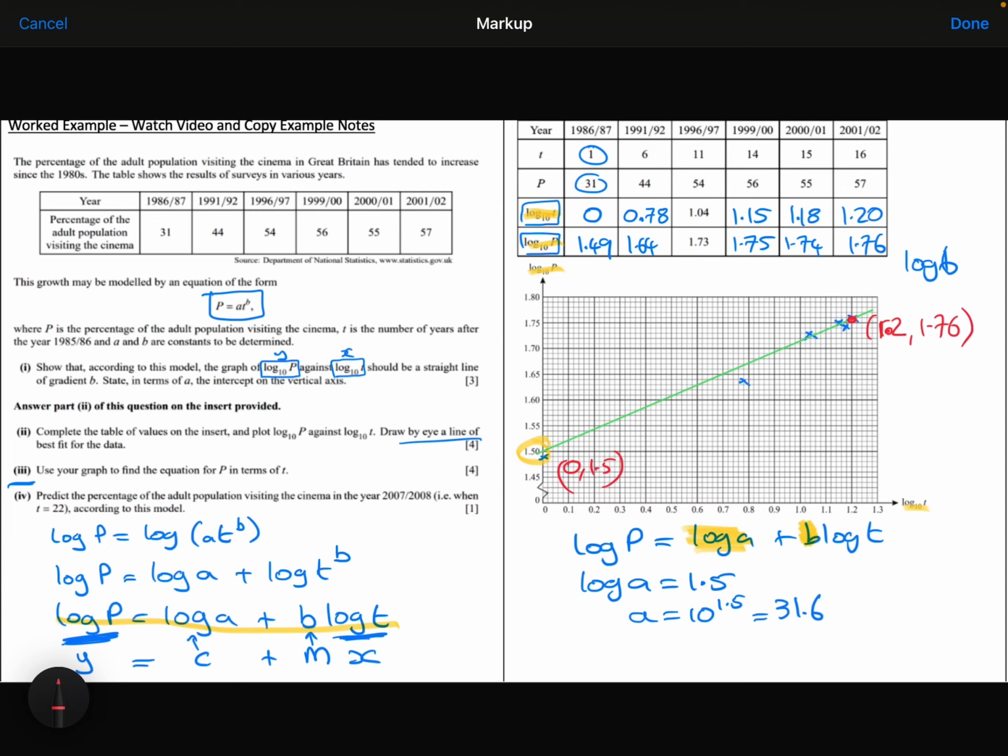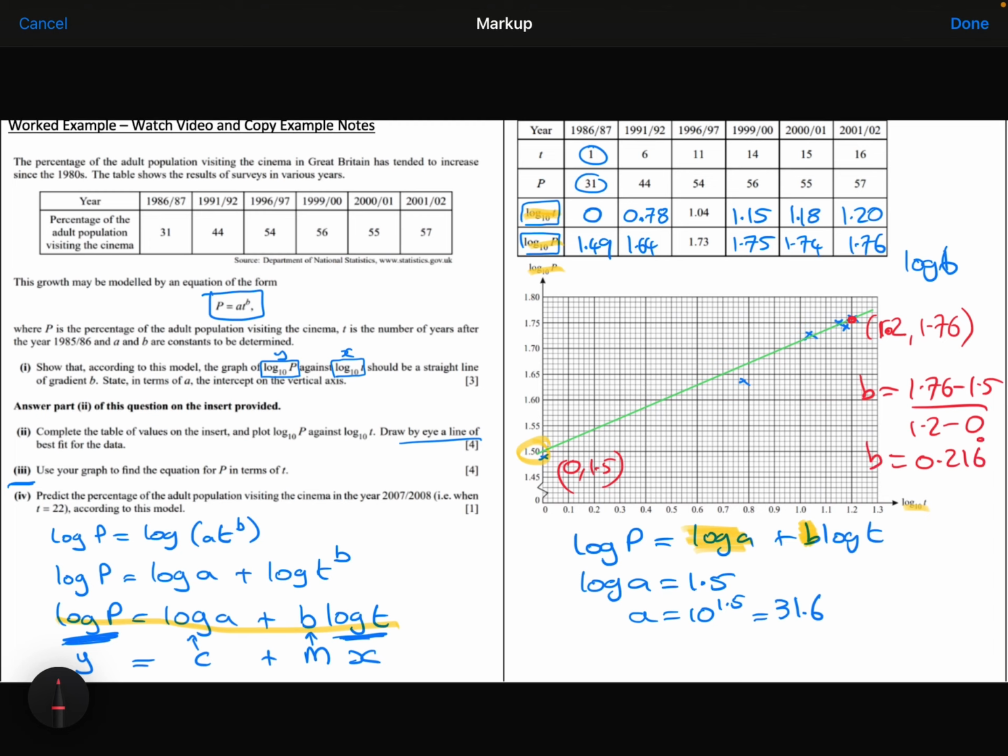So let's work out the gradient of that. So the change in the y, so 1.76 minus 1.5, divide by the change in the x. So 1.76 take away 1.5 is 0.26 divided by 1.2. So the gradient of my line is 0.216.